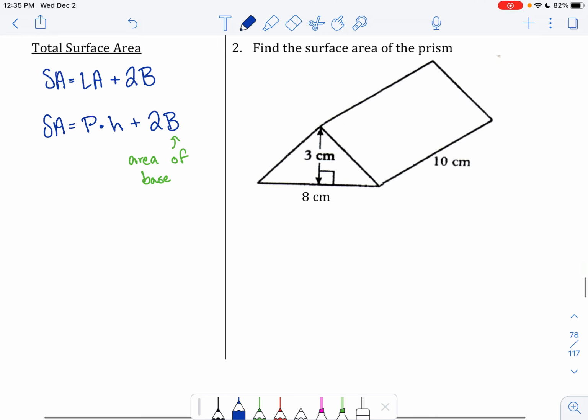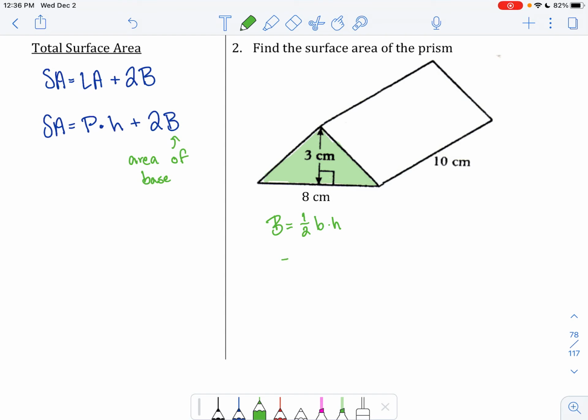Let's look at a triangular prism, since we haven't done that yet. Again, we know the base is a triangle because the base is always going to be the non-rectangular shape. So if you look at your shapes and you see a non-rectangular one, that's the base here. The base is a triangle, which is one half base times height, little base, little height of the triangle.